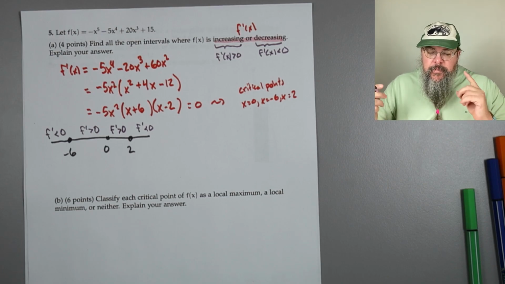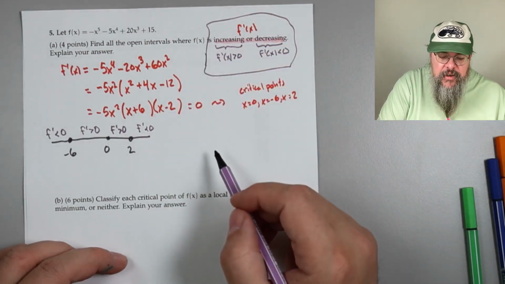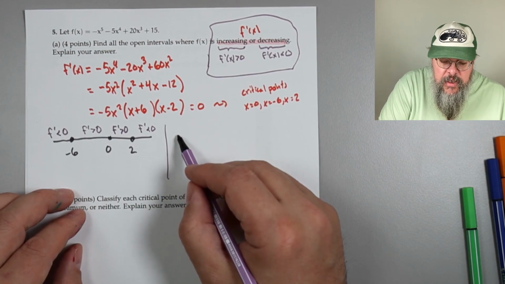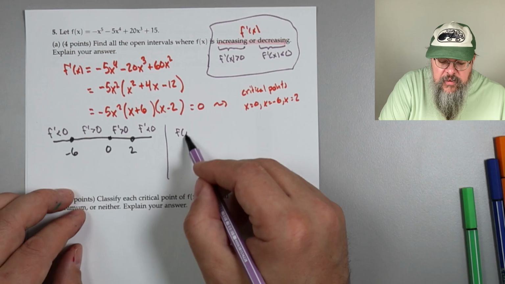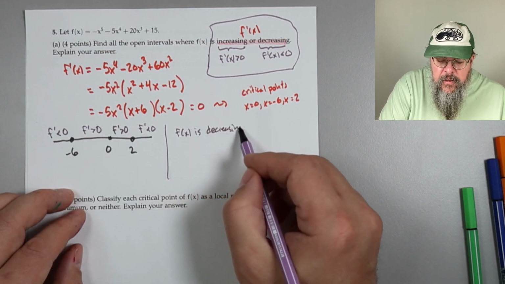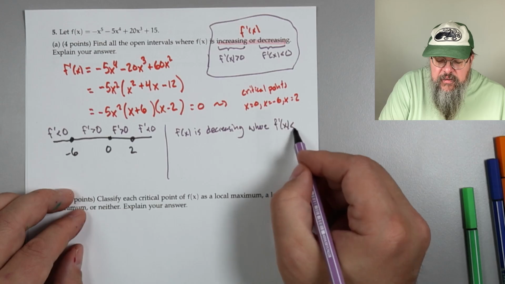Now, our explanation boils down to this part right here. And we say, okay, so we can say the following. F of x is decreasing where f prime of x is less than 0.